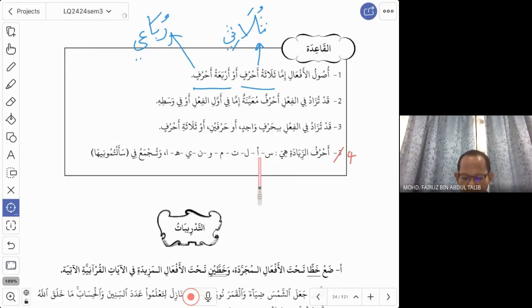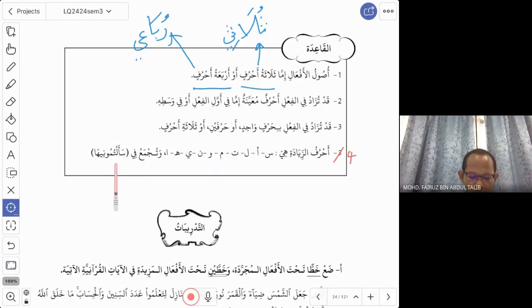Sin, hamzah, lam, ta, mim, waw, nun, ya, ha, alif. So there are 10 letters. Wa tujma'u fi. So these letters, tujma'u, they can be combined in this phrase, sa'altumuniha.